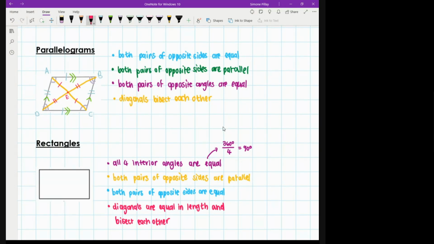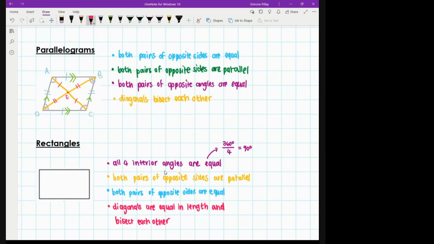In the meantime, while I wait for a question, I am going to move on to a rectangle. Now, a rectangle is a shape you guys are familiar with, so I'm assuming most of these properties should be familiar to you. The first thing that they've said is that all four interior angles are equal. Now this can be further broken down.